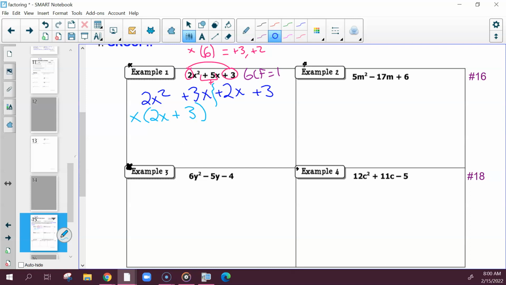What could I divide out of these two? Just 1. And my inside would be the same. So then I could write my 2 factors, which are what and what.